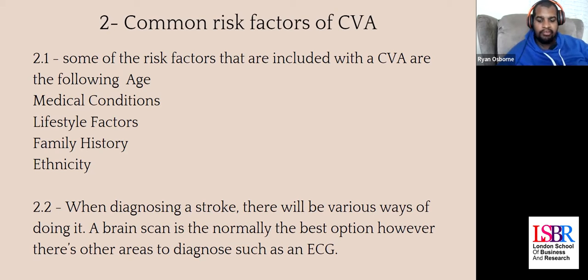So that would include the following: age. Now, age could be an important factor, don't you think? If a person is in their 40s, 50s, 60s, then you may find it might be common that these people are having a stroke because of their age.